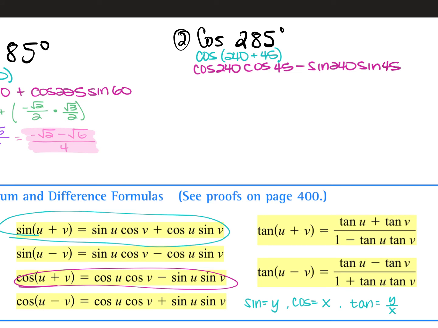What is the x value on 240 degrees? What is the x value on the 45 degrees? Minus the y value on the 240. Y value from 240.